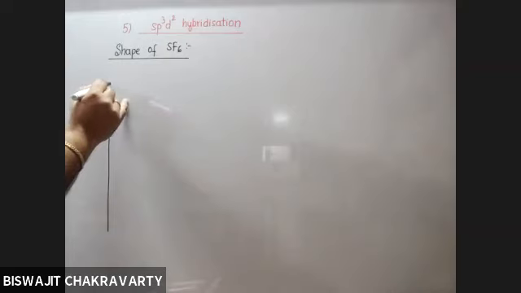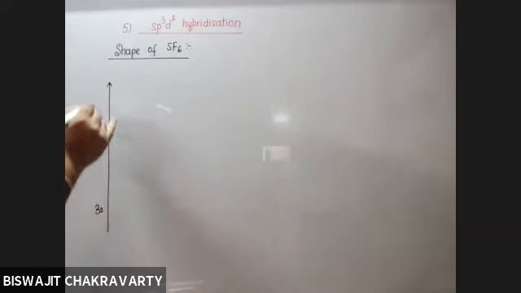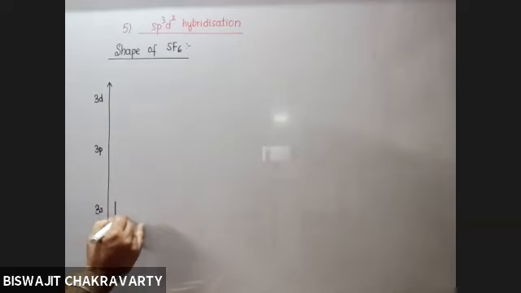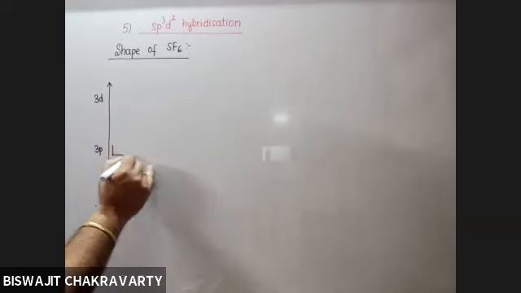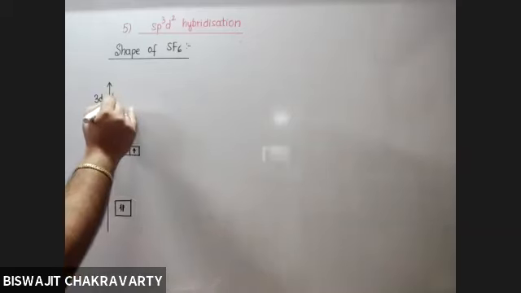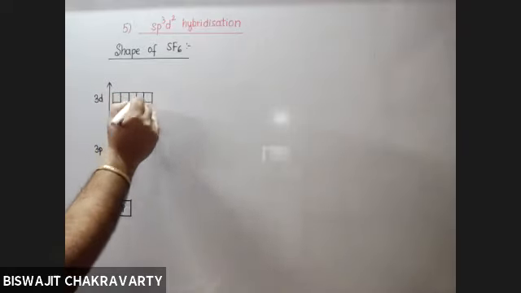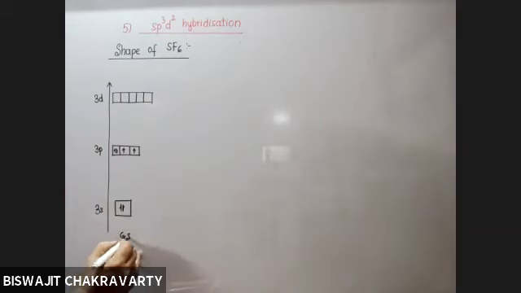So let us draw the energy diagram for sulfur by drawing only the valence shell 3s, 3p, 3d. Sulfur has atomic number 16 with configuration 3s2 3p4, 3d0. This is the ground state.